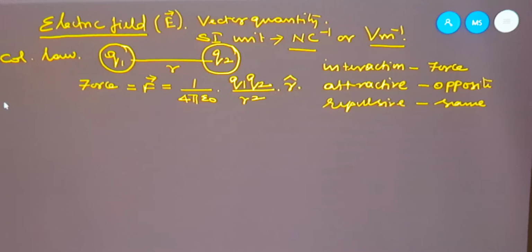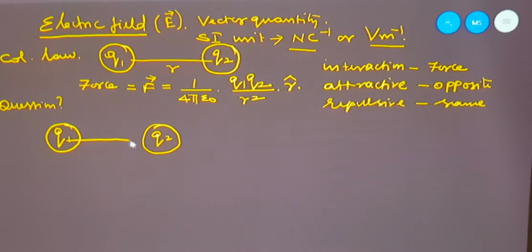Now, a question arises. You have the charge Q1. Bringing the charge Q2 to a distance R, an interaction is produced.